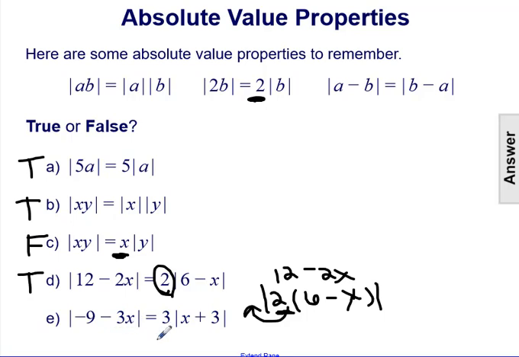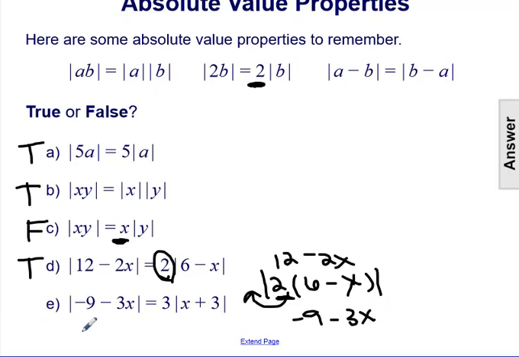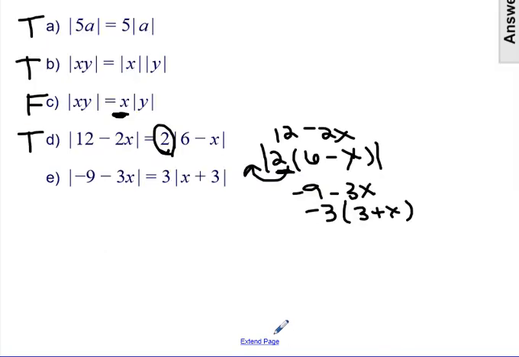Then we have the same property with E, where the absolute value of negative 9 minus 3x is equal to 3 times the absolute value of x plus 3, because negative 9 minus 3x, I can factor out a negative 3, leaving 3 plus x, which is the same exact thing if I switch them around to be negative 3 times x plus 3.